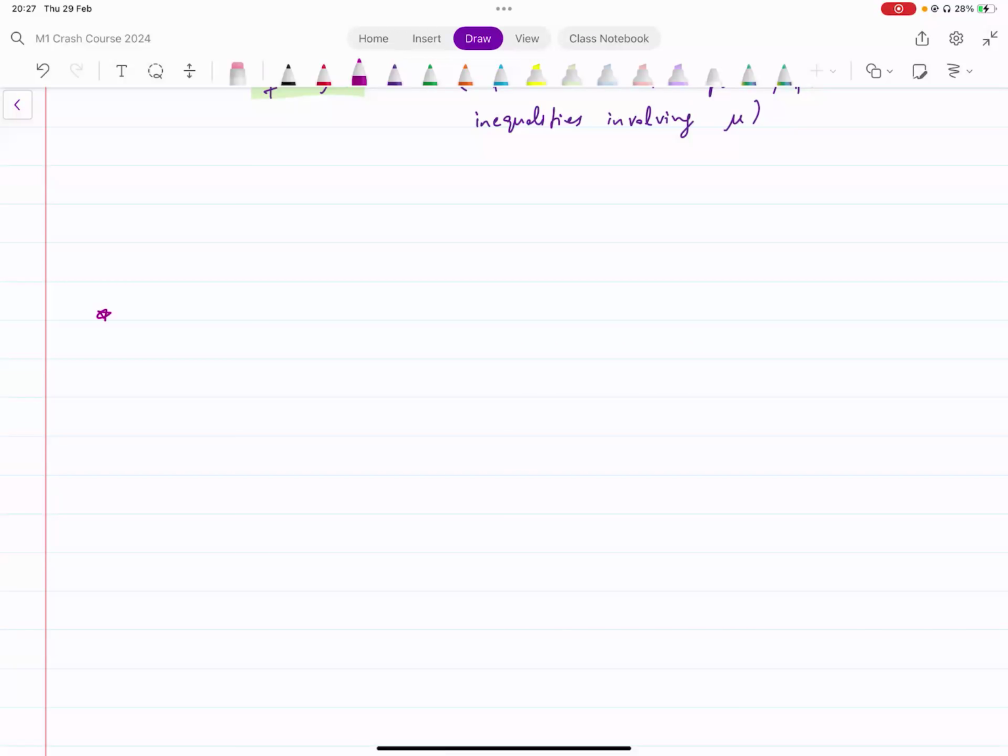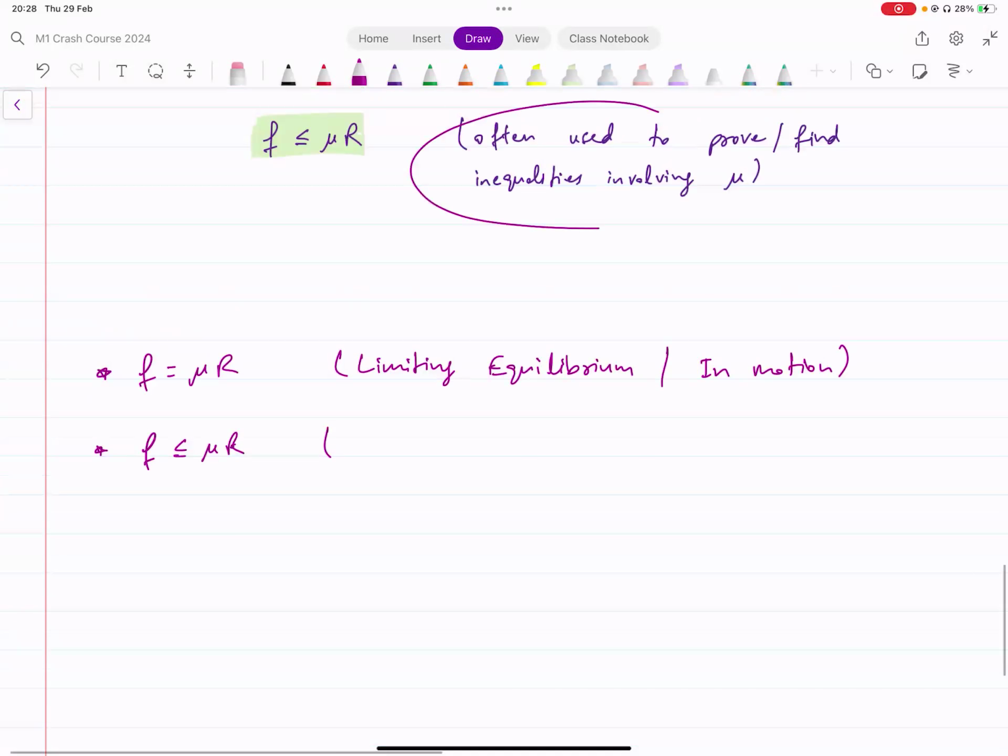One case is when F equals mu R. When does that happen? When you have limiting equilibrium. That is one case, and also when the object is in motion. And then you also use F less than or equal to mu R. When you use that, you sometimes use this to prove inequalities involving mu.